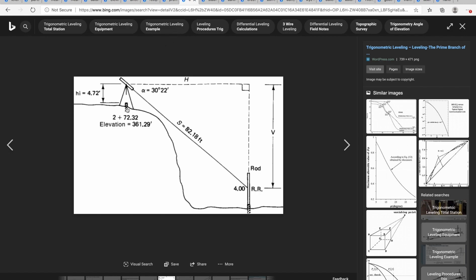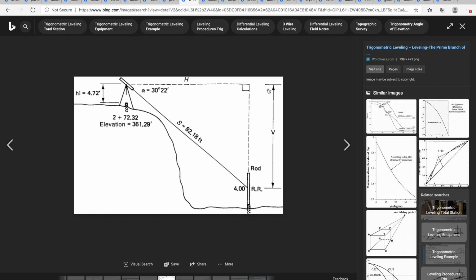So this is how trigonometric leveling is being done. At a certain location, you will station your instrument. Then you will sight your rod. Then you will have your angle. Take note here, I have the hypotenuse. If I am interested in getting the vertical distance, I'll be using the angle and my hypotenuse, so I'll be using the cosine function.